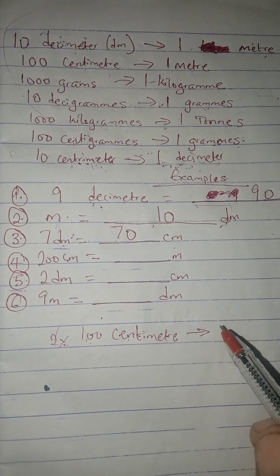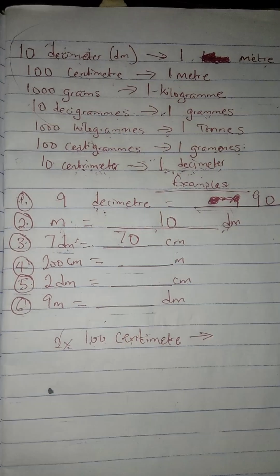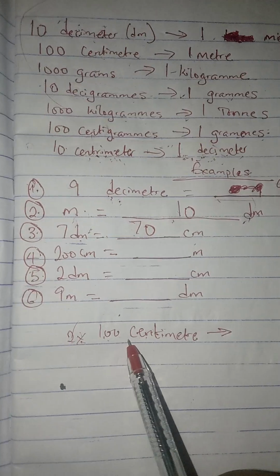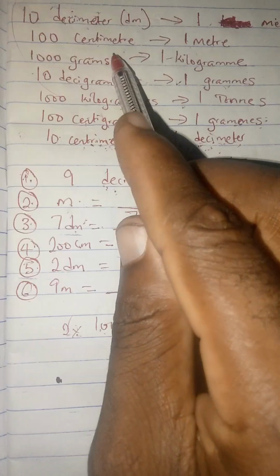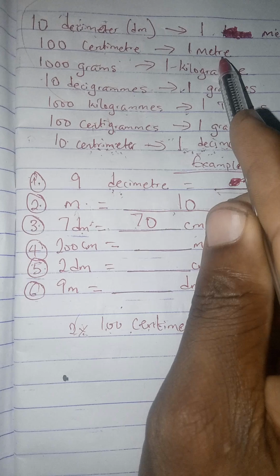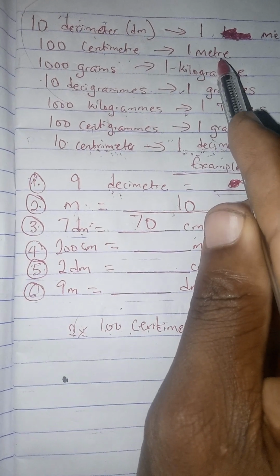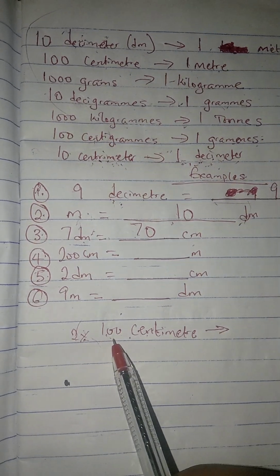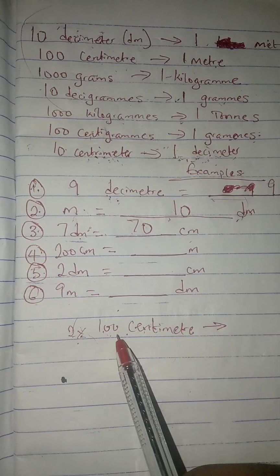Why is it giving us 2? Because of this 2 sign. This 2 multiplied by the 100.